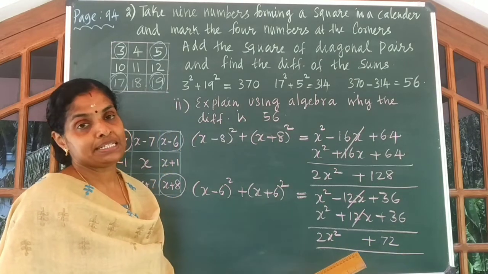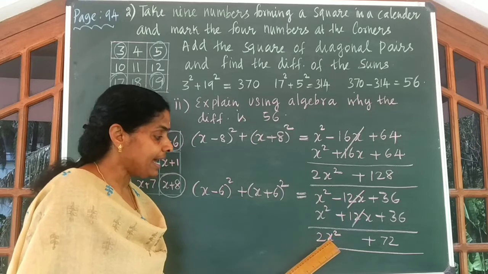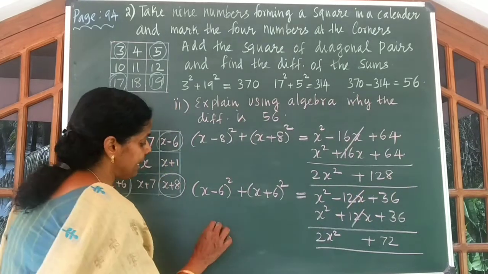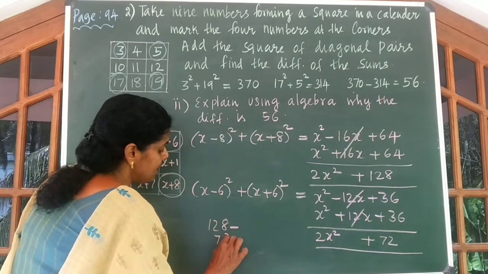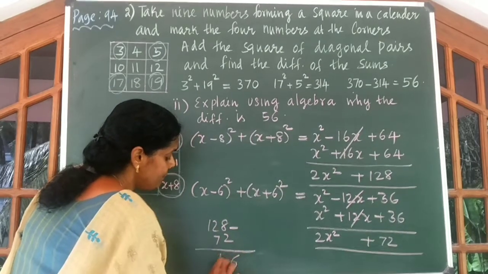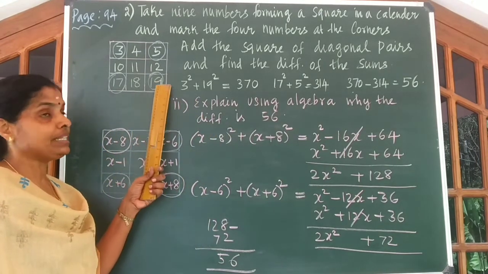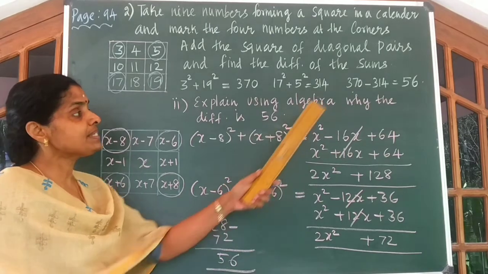Then what happens, children? 2x square cancels with 2x square. 128 minus 72 gives you 56. So we can understand the difference between these sums is always 56.